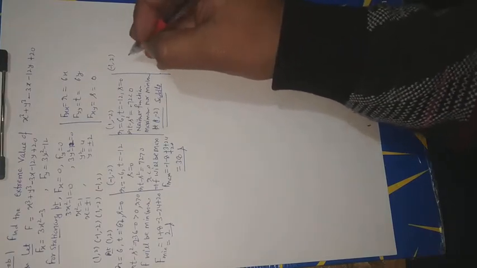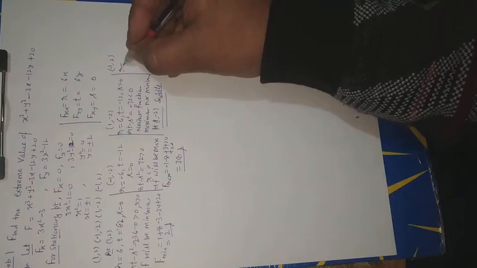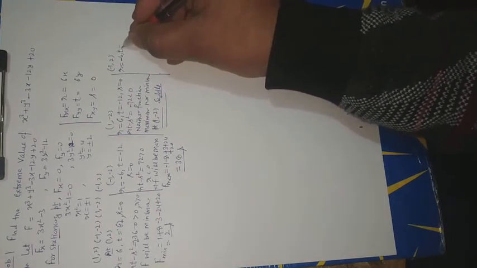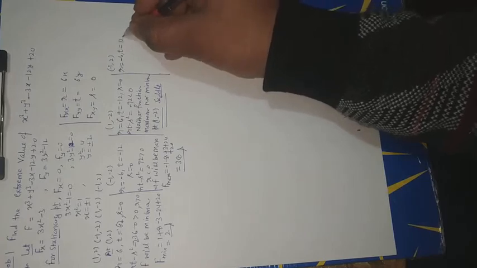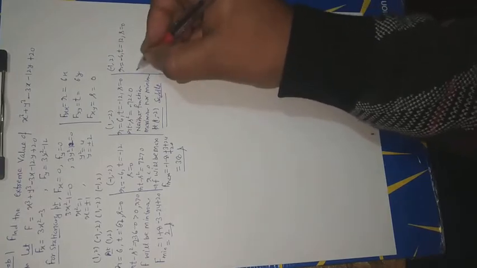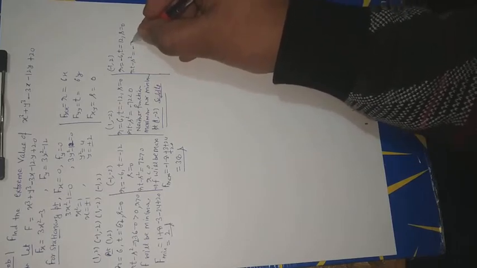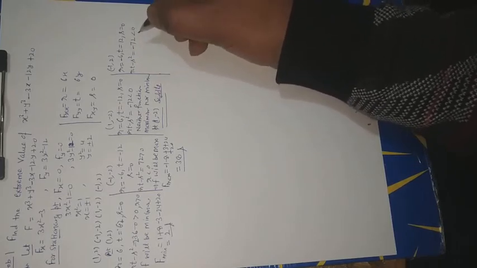Now try at point (-1, 2). Now the value of r at this point is -6, t is equal to 12, s is equal to 0. Now rt minus s square is -72, less than 0.